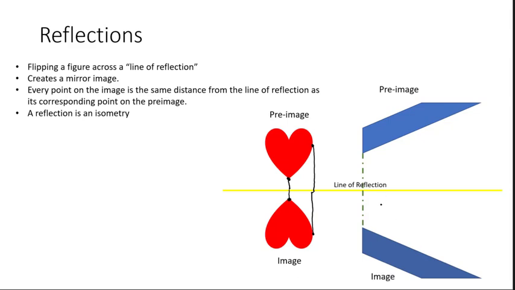Make sure you know those three terms: we have translation, rotation, and reflection. The fourth and final transformation we'll discuss in this lesson is called a dilation. A dilation is when you take a shape and either increase or decrease its size, so it's creating a similar shape.